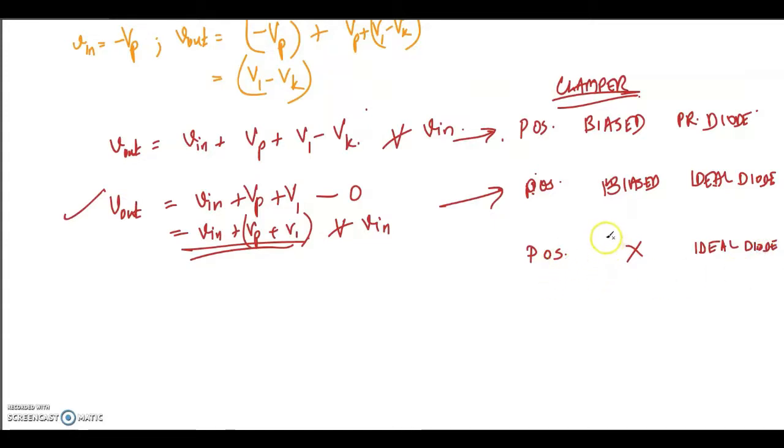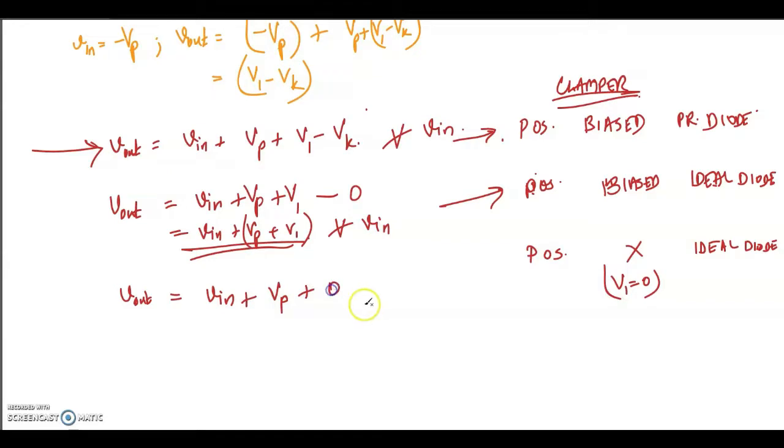What about not biased? That means there is no V1 voltage, so V1 equals 0. Positive clamper with ideal diode. Then the output would be equal to Vin plus, once again you substitute here, this is the general equation, Vin plus Vp will definitely be there, plus V1. V1 is not there. We are talking about ideal diode, so Vk is not there, I can write that also as 0, for all Vin.